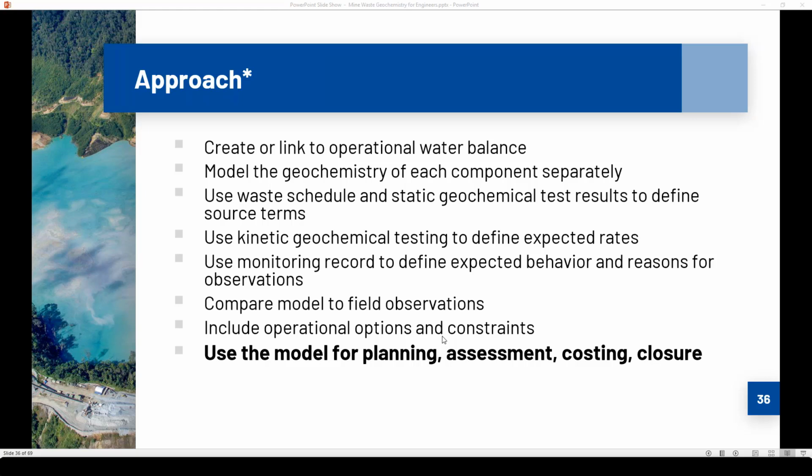We've used all the geochemical testing that the mine has done over time, as well as the mine's ongoing water quality monitoring record.